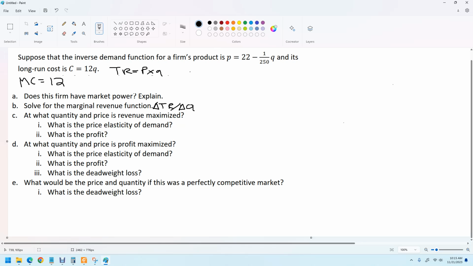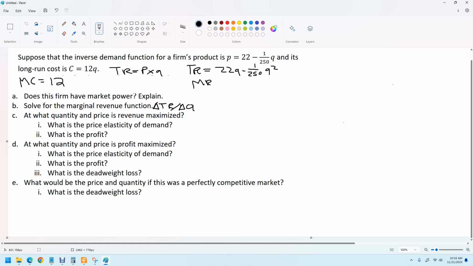So total revenue is going to be written like this. Since that's the price part, you're just multiplying it by Q. So you multiply a Q times that and a Q times that. That turns into 22Q minus 1 over 250 Q squared.